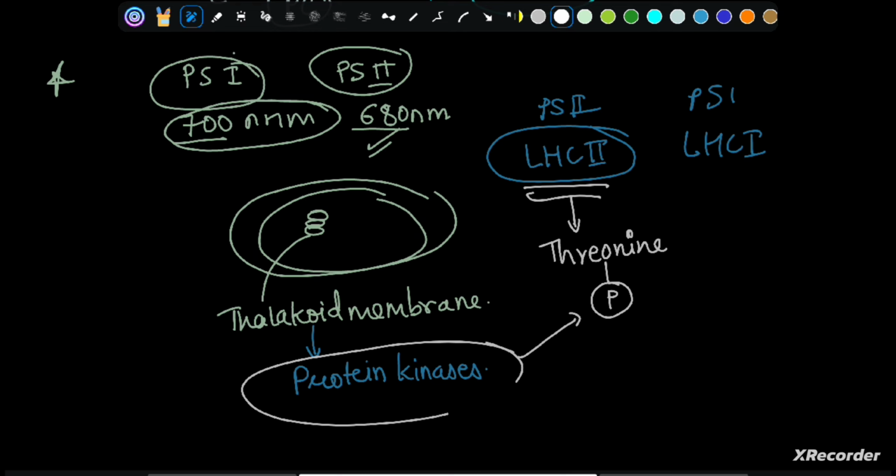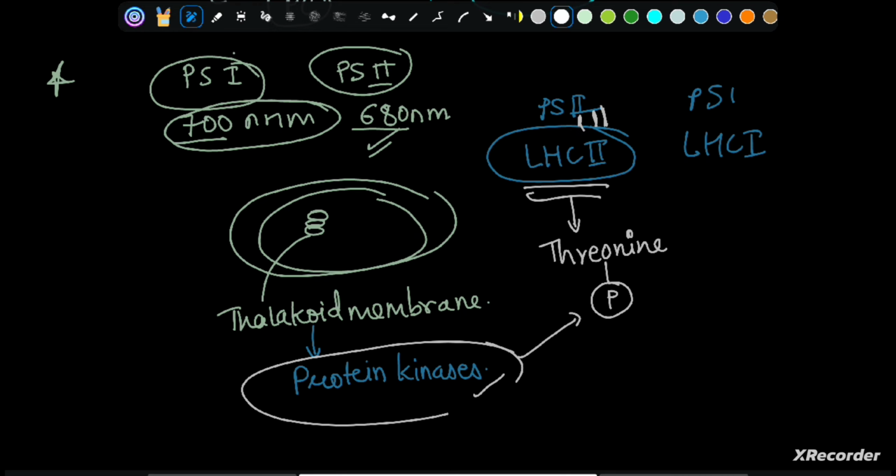So as it gets phosphorylated by the protein kinase, this interaction between PS2 and LHC2 weakens, and it slowly starts dissociating from PS2. The dissociating LHC2 will move towards the stroma thylakoid, out of the appressed region.